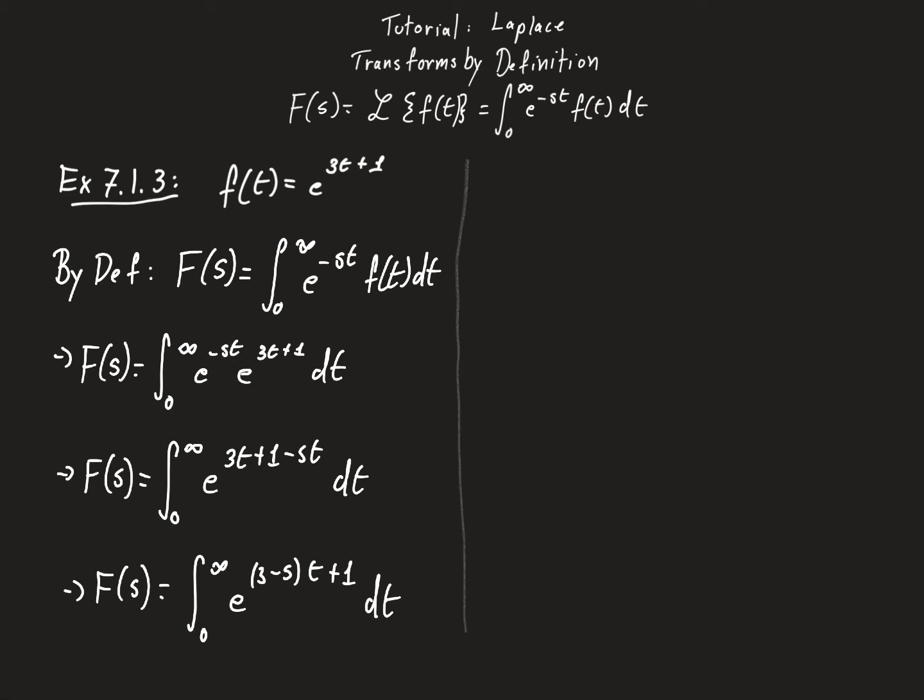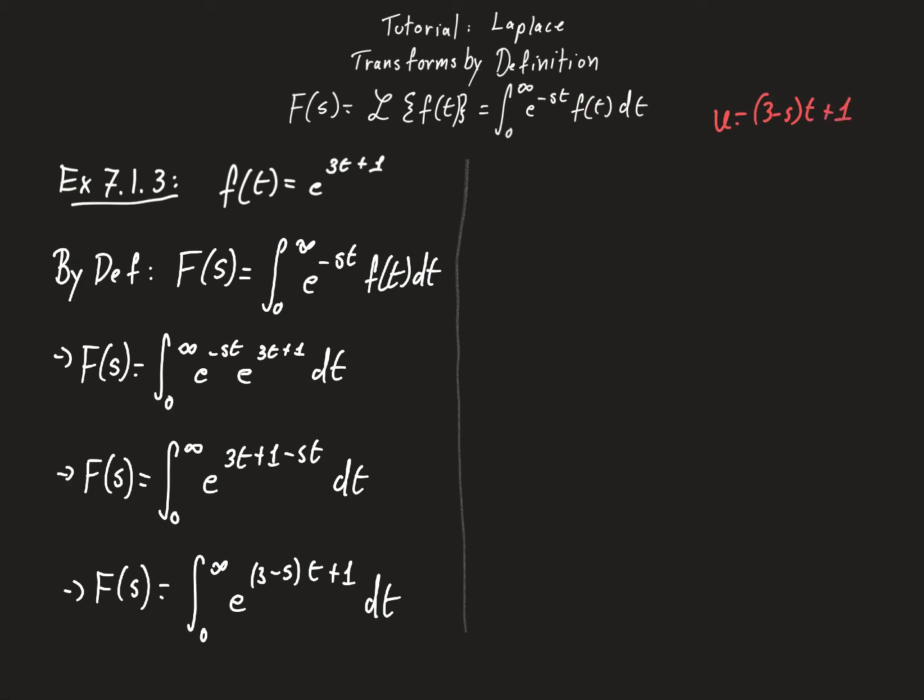This is a very simple, you could call this a u substitution. Some of you may have just learned directly a rule for an exponential like this, but it's quite straightforward. So let's take u equal to 3 minus s times t plus 1.